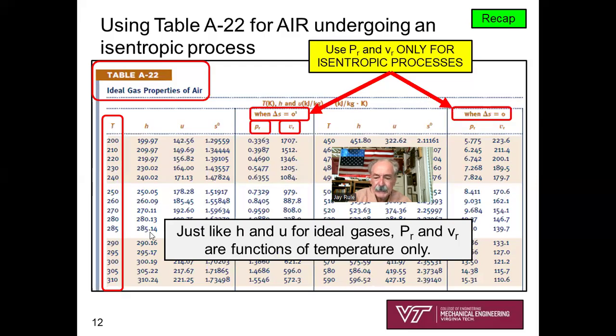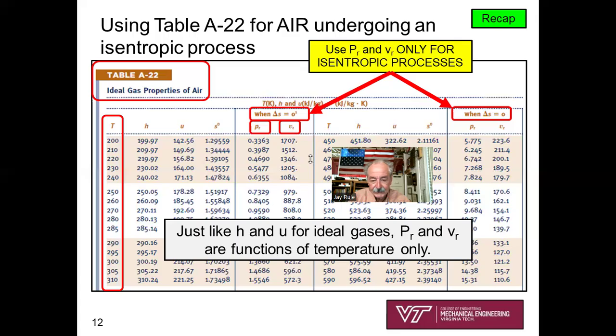Notice how table A22 is designed. We've got a column of temperatures, and it's sort of like two tables in one. On the left-hand side, we've got temperatures in the first column, enthalpy values in kilojoules per kilogram, internal energy values in kilojoules per kilogram, and s naught values, which you're not going to be using much.